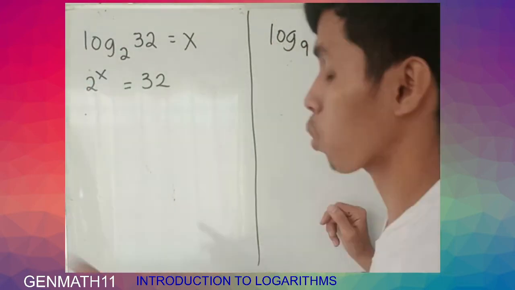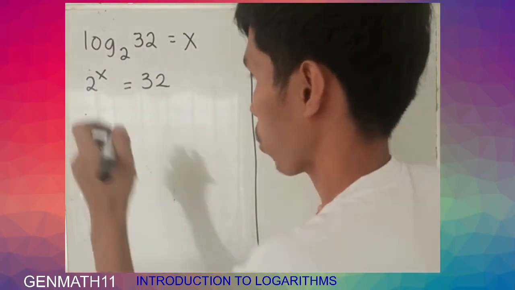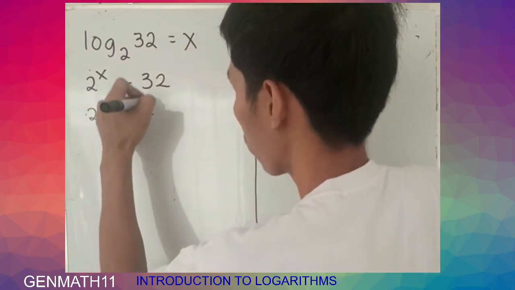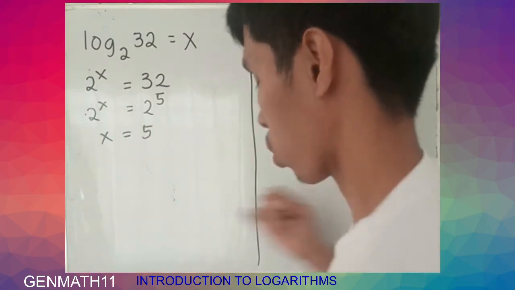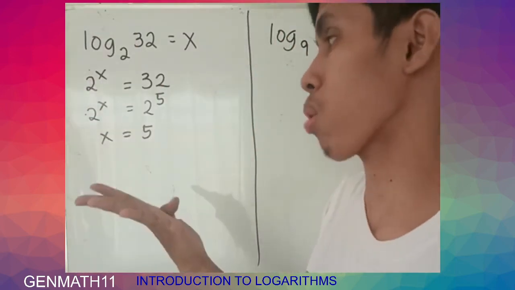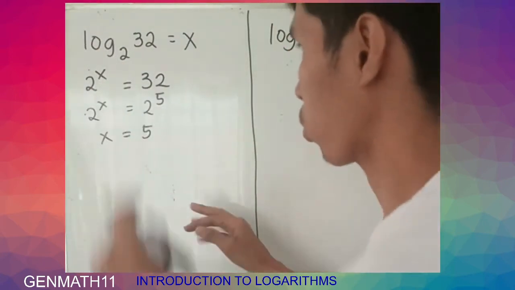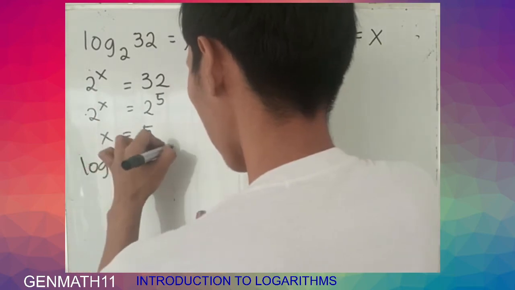So gamitin na natin yung ginagawa natin sa pag-solve ng exponential equation. So parehas na base, magiging 2 raised to x equals 2 raised to 5. Kasi diba, 2 times 2, 4 times 2, 8 times 2, 16 times 2 is 32. So kaya naging 5. So therefore, log 32 to the base of 2 is equals to 5.